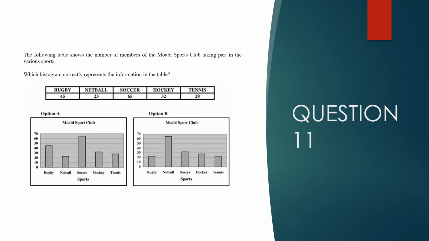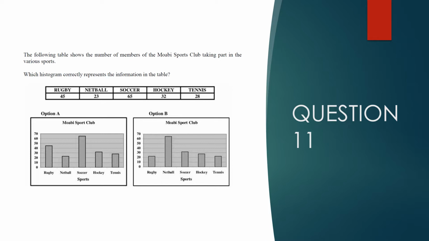Hockey is 32, and on our graph it's 32. Lastly we have tennis. Tennis is 28, and on our graph the bar is showing 28.